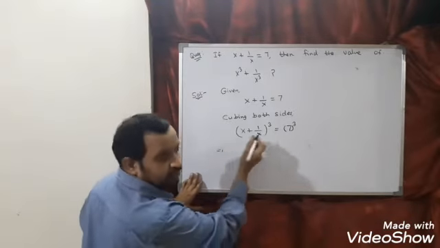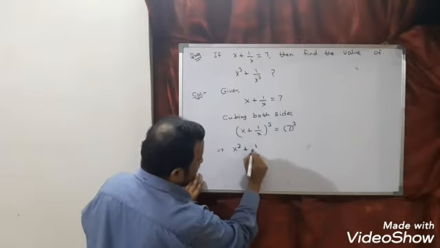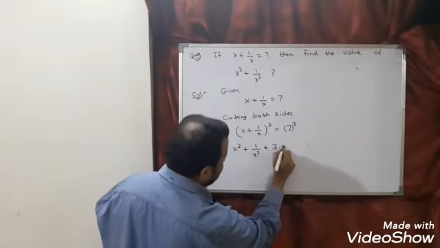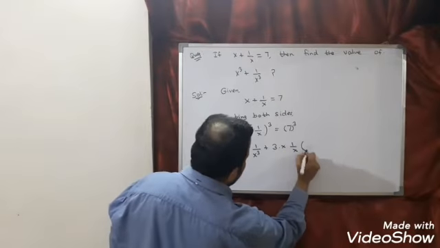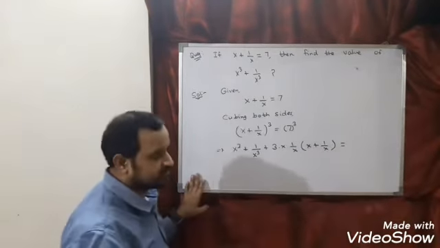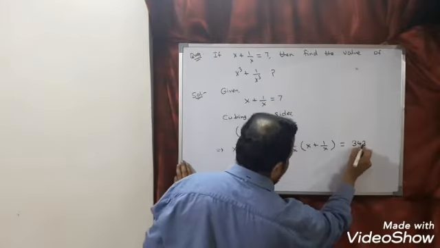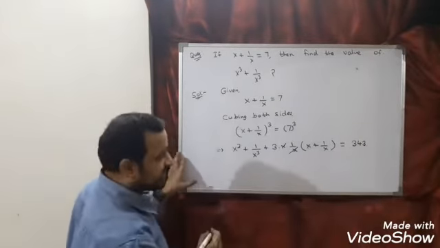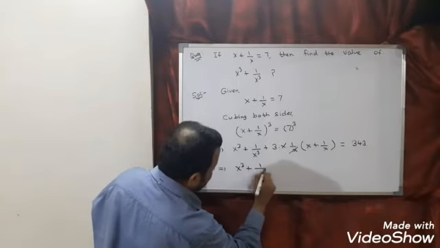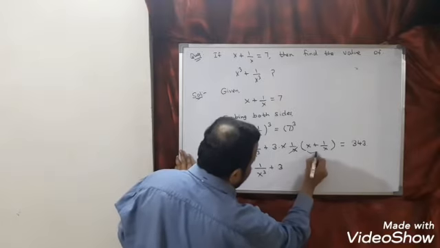Apply the a plus b whole cube formula: x cube plus 1 by x cube plus 3ab into a plus b is equal to 7 cube. 7 7s are 49, and this value is equal to 343. So x cancels. Finally x cube plus 1 by x cube plus 3 into, what is this value given to be?